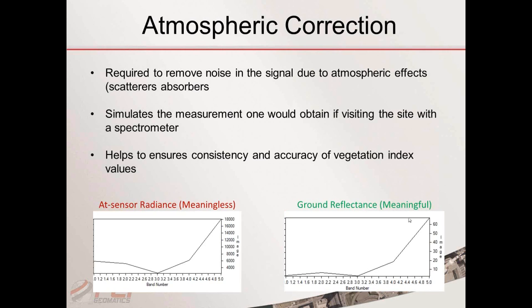Then, for ground reflectance, once we've performed our atmospheric correction, we get a curve that is much more common to what you would expect with agricultural fields or a vegetation field. This is also an important aspect for the vegetation index that we're going to perform. It ensures consistency and accuracy, and it also helps make sure that we can use the spectral chlorophyll index.